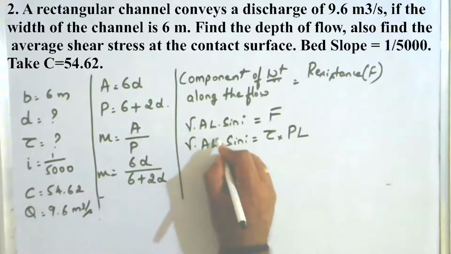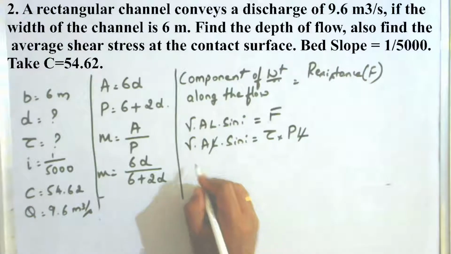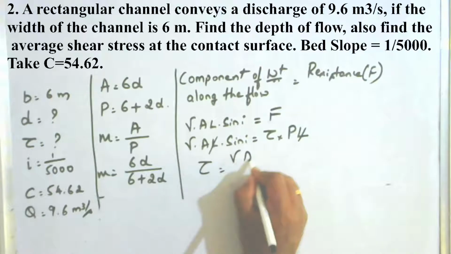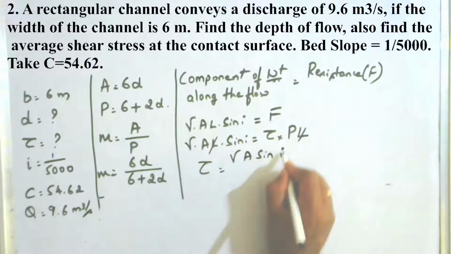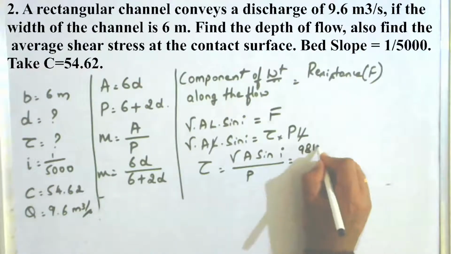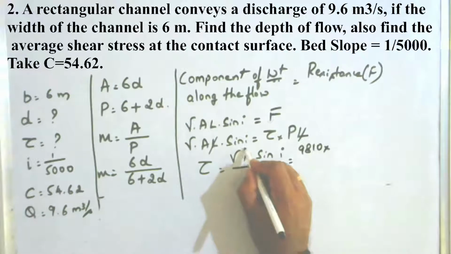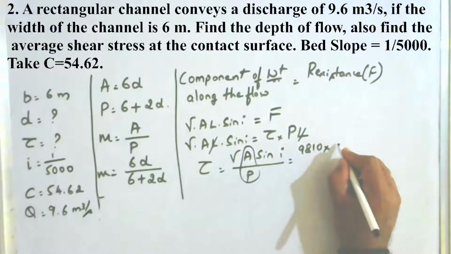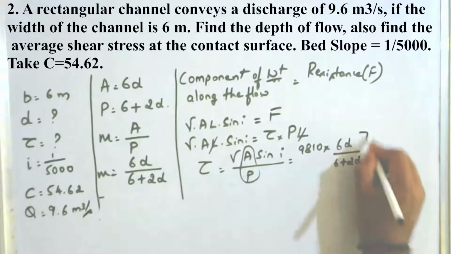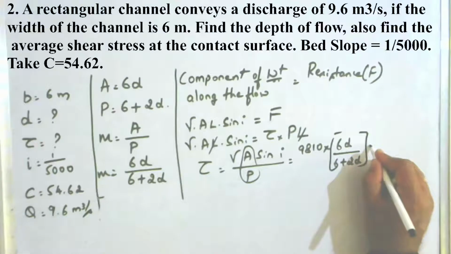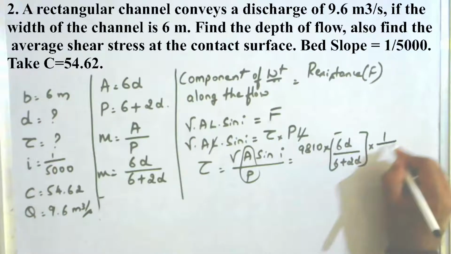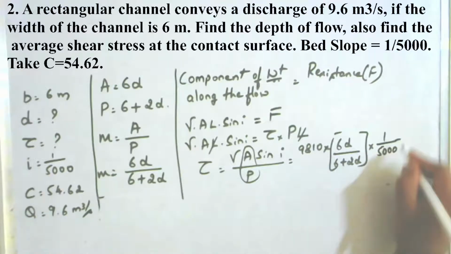Clear? Then L with L cancels, and I'll take tau on this side, which is equal to gamma A sine I divided by P. Gamma is for water, 9810, into A by P, which is nothing but M, 6D divided by 6 plus 2D, multiplied by sine I. For small values of I, sine I is equal to I, 1 divided by 5000.